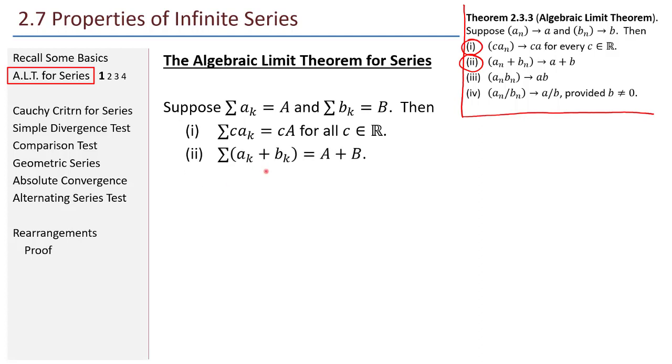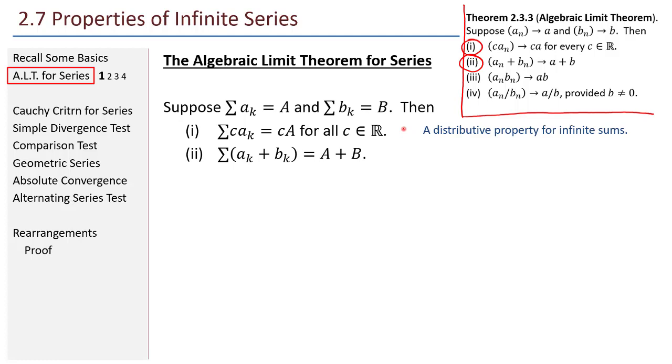Also, if I make a new series that adds together the kth term from each of the other series, then the result is the sum of the two limits. And do you see how those kind of look like the results from the algebraic limit theorem for sequences? So we have something similar for series. This number 1, you can think of this as a distributive property for infinite sums.